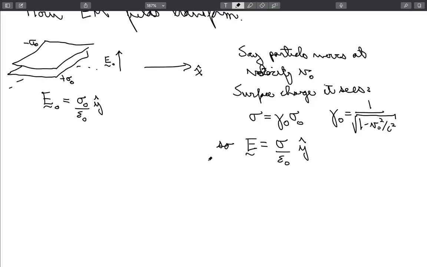So really, I can promote that relationship here into a relationship relating the perpendicular to the motion components of the electric field. Okay?